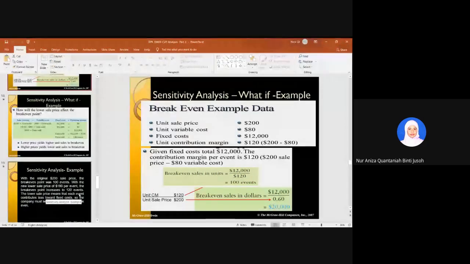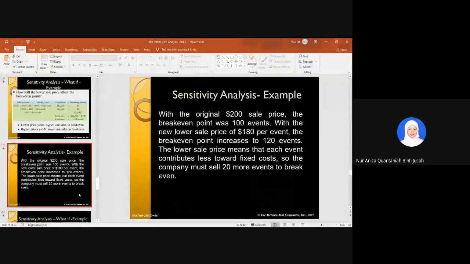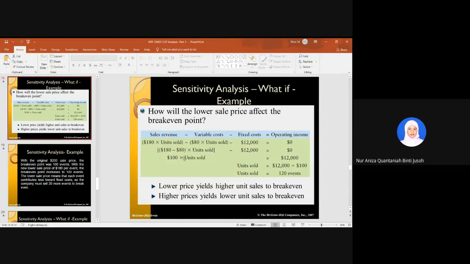So with the original 200 sale price, the break even point was 100 events. Now, if you lower the sales price to 180, the break even will increase to 120 events. So this is the second situation. So the lower the sales price, what will be the effect?